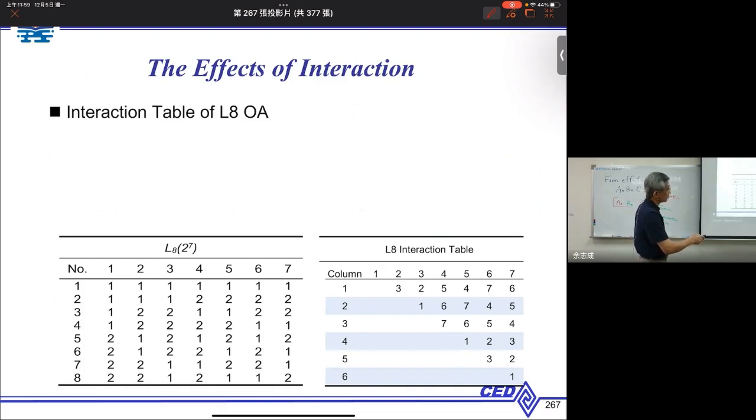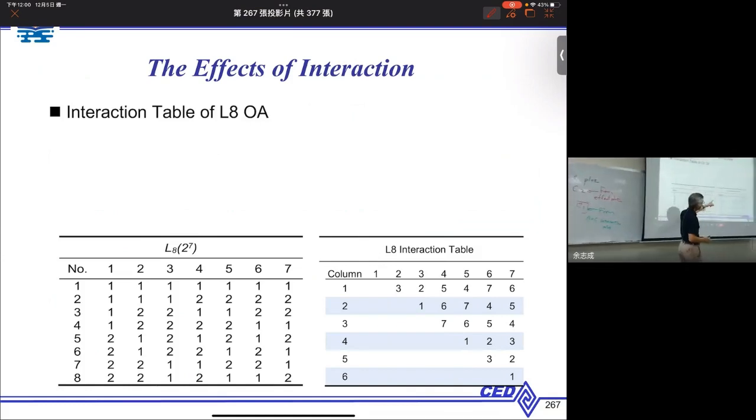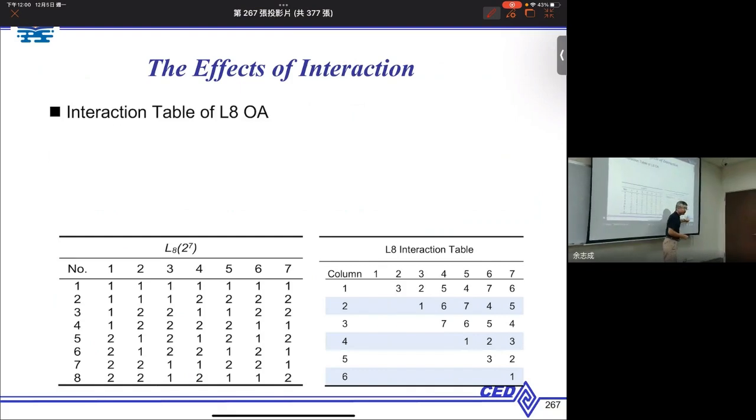Okay. This is from 1 to 6. This is from 1 to 7. Since you don't need to consider the interaction between yourself, okay? You just want to consider the interaction between 2 factors which are assigned to different columns. So there will be no value in the diagonal.